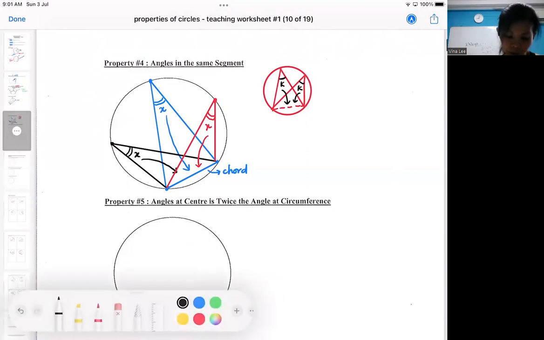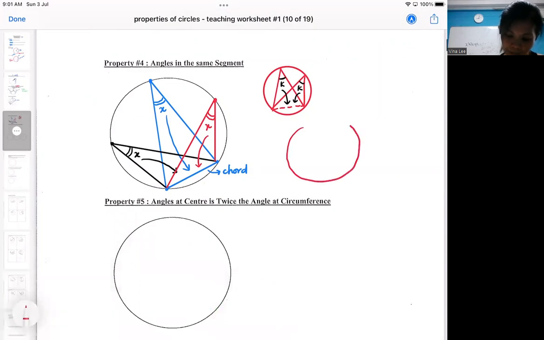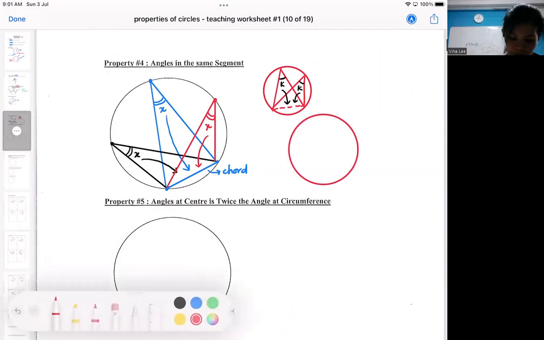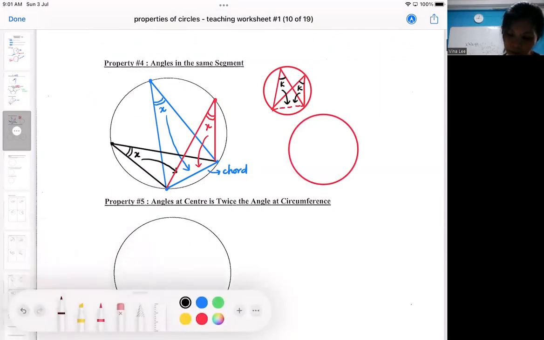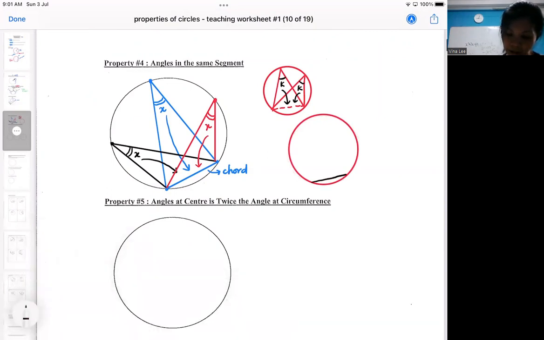Another extension to this property will be something like this. Sometimes they will give you same-length chords. So this chord and this chord are exactly the same length.